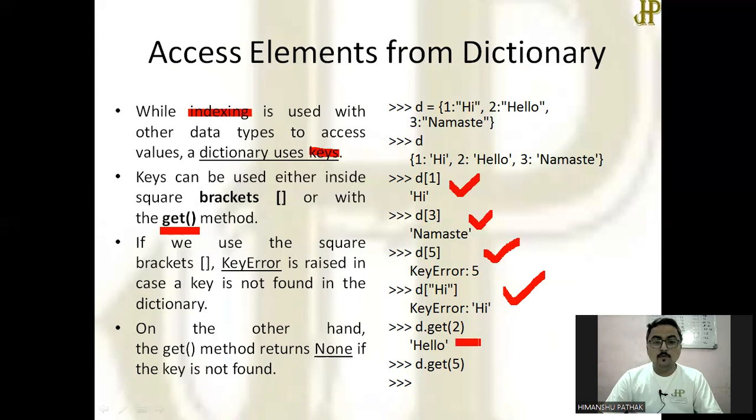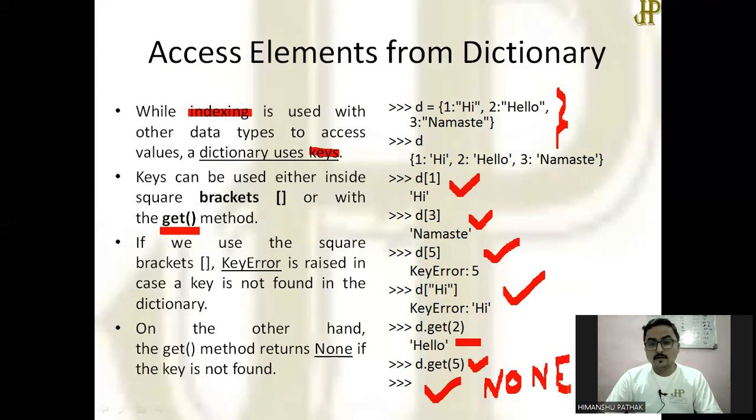Whenever you use the get method and try to fetch the value of a key that is not available, like here 5, 5 is not here, so it will return the value None. There is no exception generated in that case. This is the advantage of using the get method.